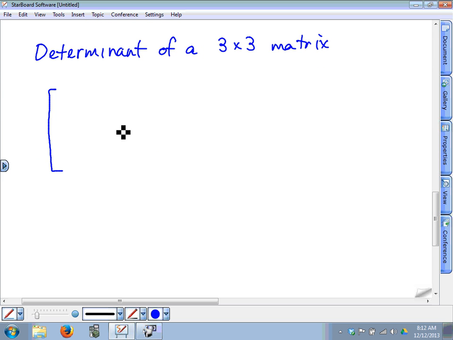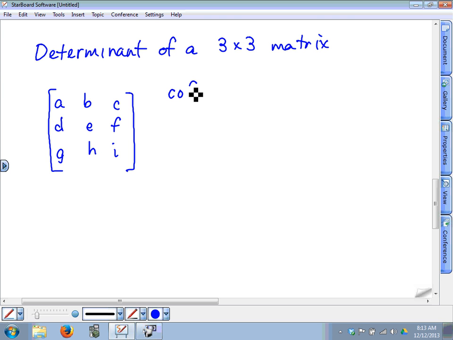So let's just look at a general 3 by 3 matrix. A, B, C, D, E, F, G, H, I. There are a couple of words here that we have to define.